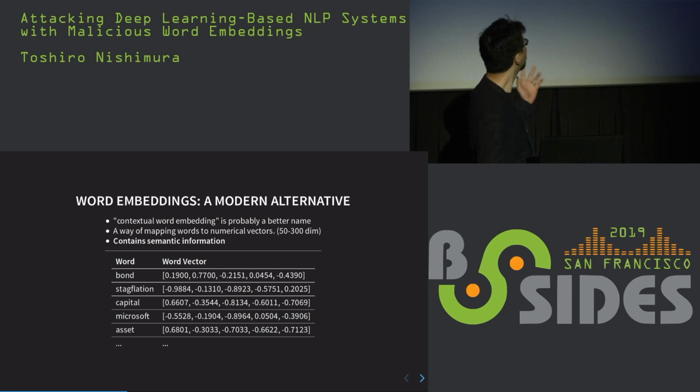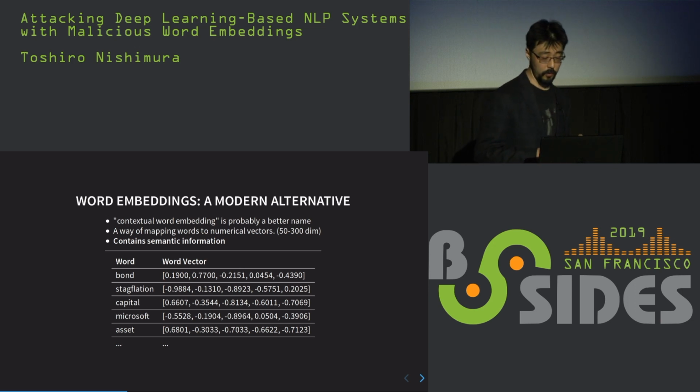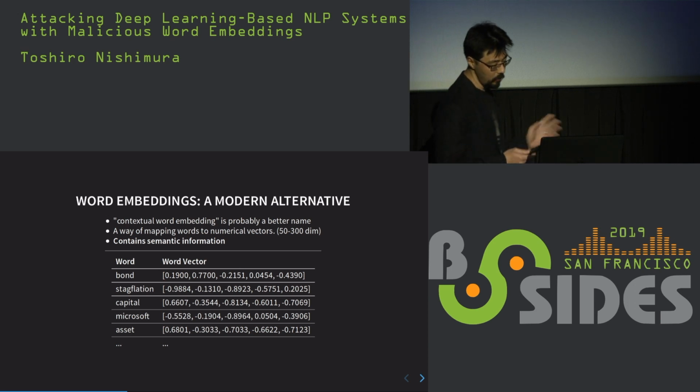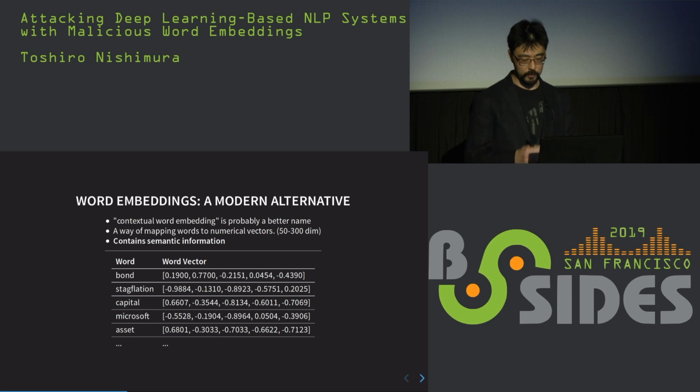And so here are the same words from the last slide with word vectors assigned to them. The thing I want to point out is that in this one, hopefully you can see this laser pointer, the vectors for the words asset and capital are similar. So you have 0.66, 0.68, minus 0.35, minus 0.30, and so on, which means they have low Euclidean distance between them.